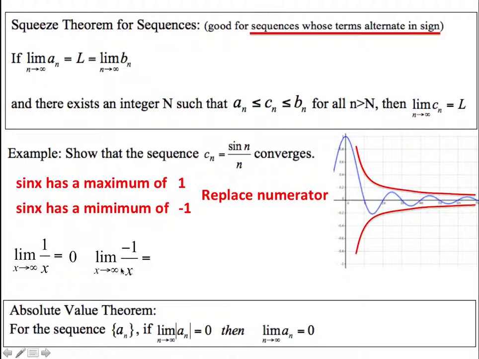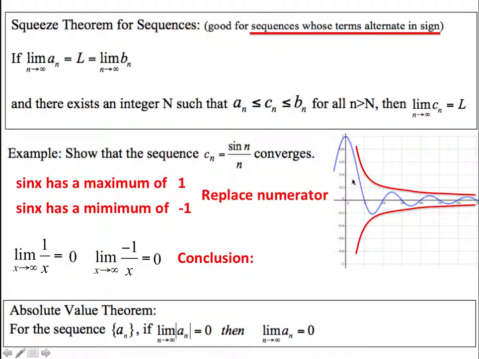And so if we go out infinitely many terms, which is the same as putting infinity down here, we're also going to approach 0. And so we can make a conclusion here, because since the sine of n lies between these two values, it is always going to be between these two numerically.